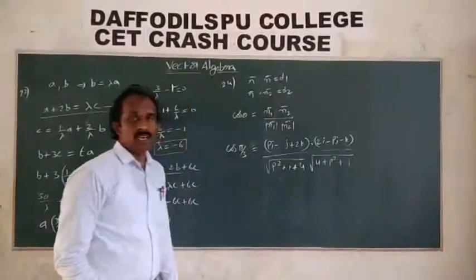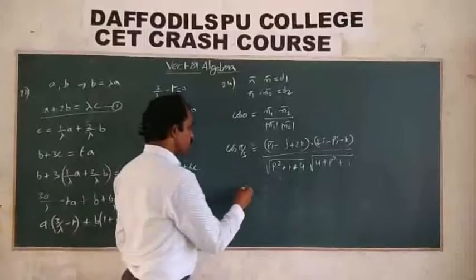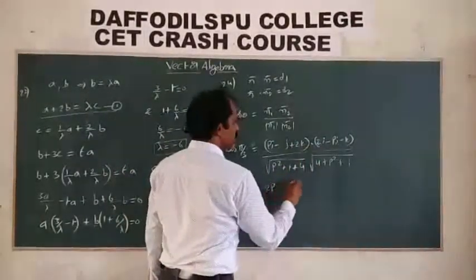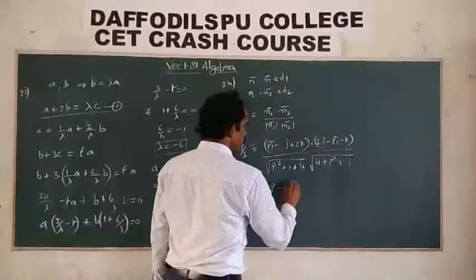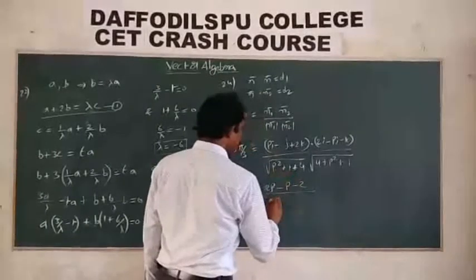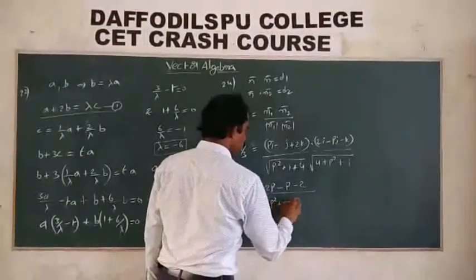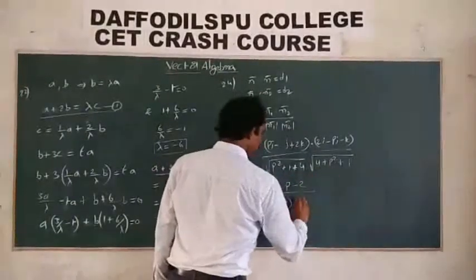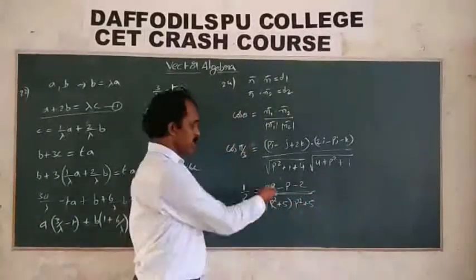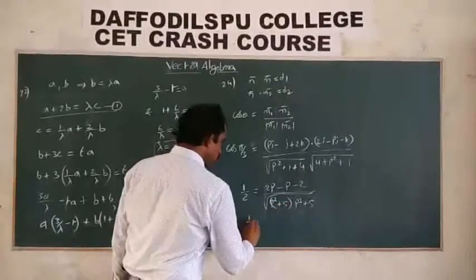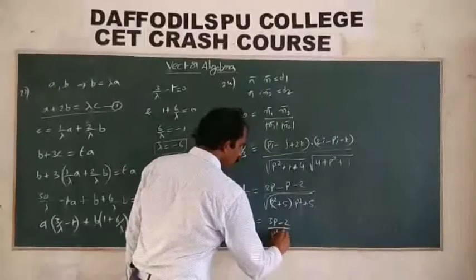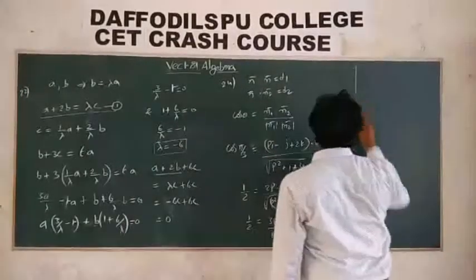Cos pi by 3 value is cos 60, which is 1 by 2. So 1 by 2 is equal to the dot product 2 plus P minus 2, divided by square root of P square plus 5. Squaring, the whole squares cancel. 1 by 2 equals 3P minus 2 divided by P square plus 5.